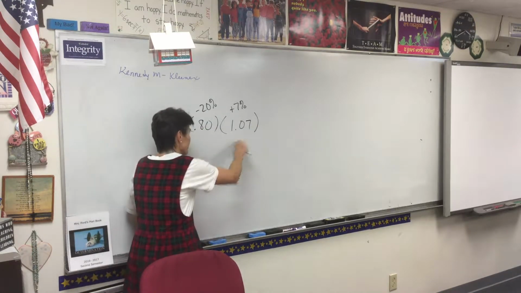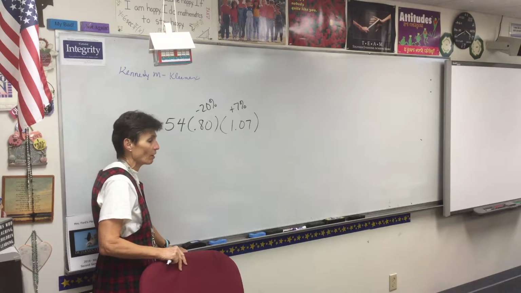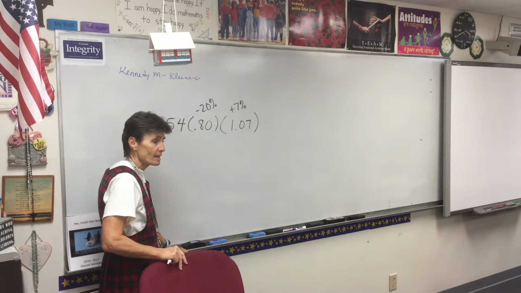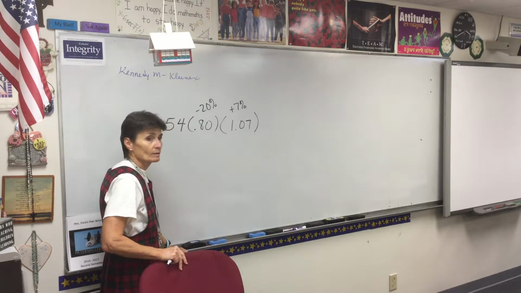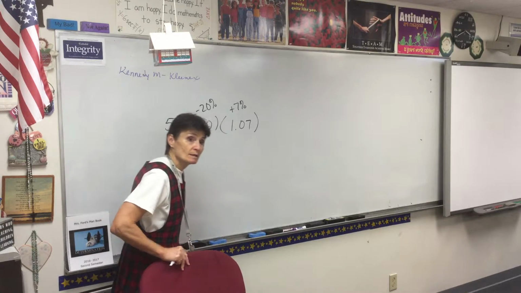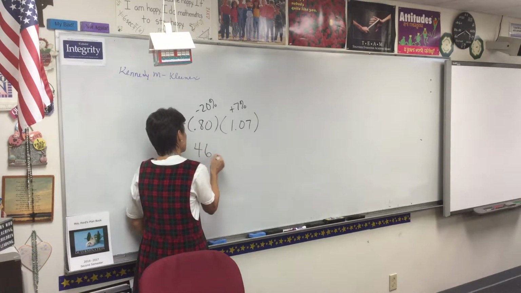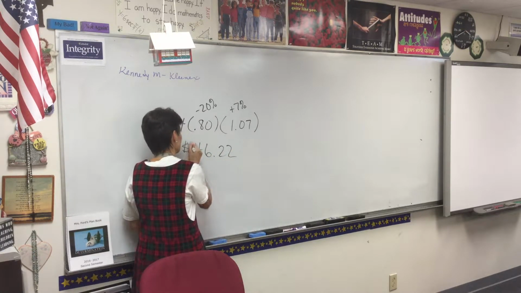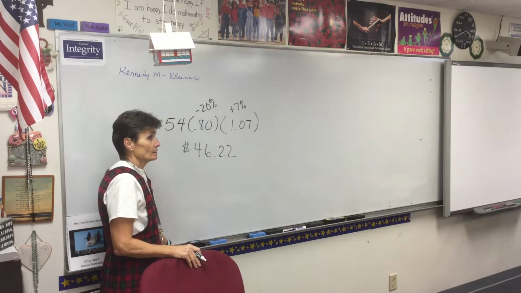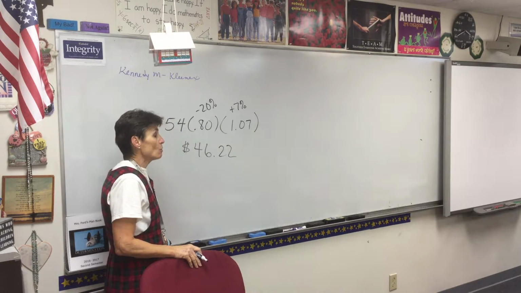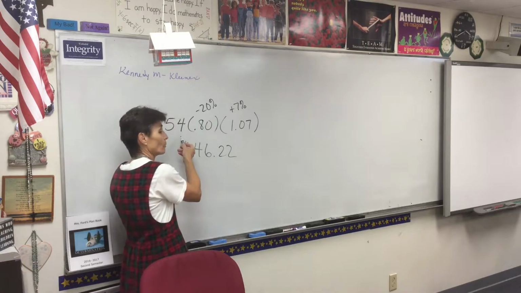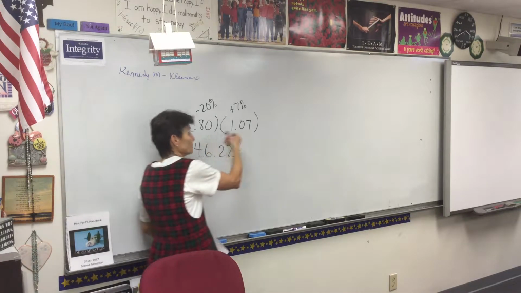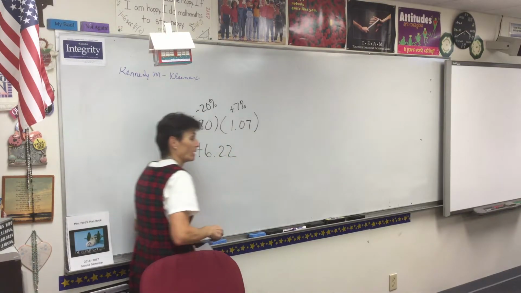And then I just type all that into my calculator and round it off to the nearest cent. What does it say? 46.22. Is that right with everybody? Yeah. Okay, so whatever number you start with, you're going to be multiplying it by whatever's going on in the problem.